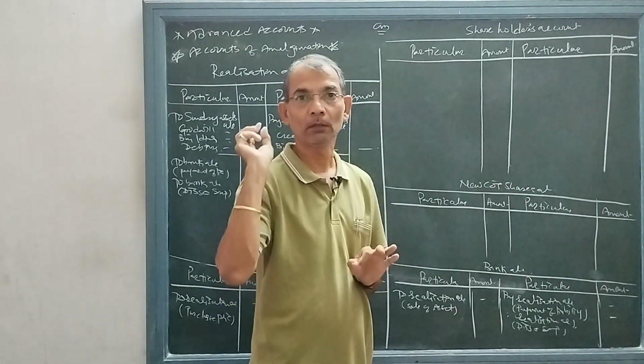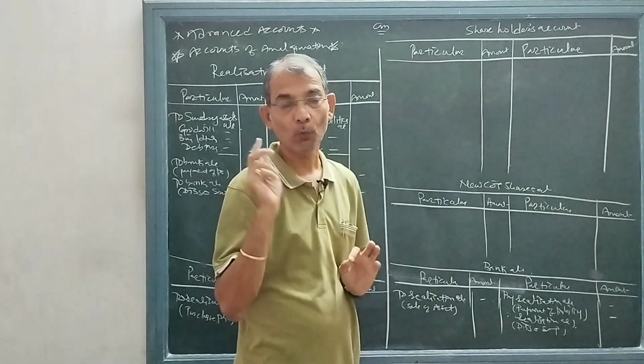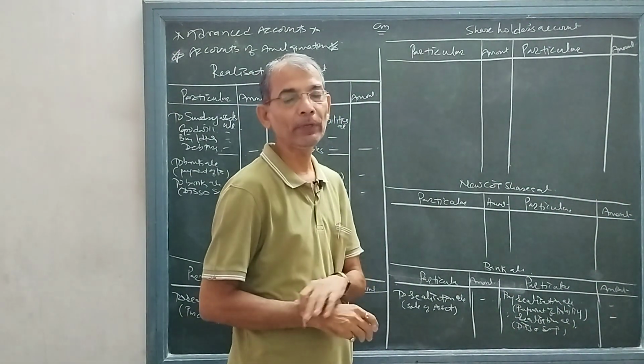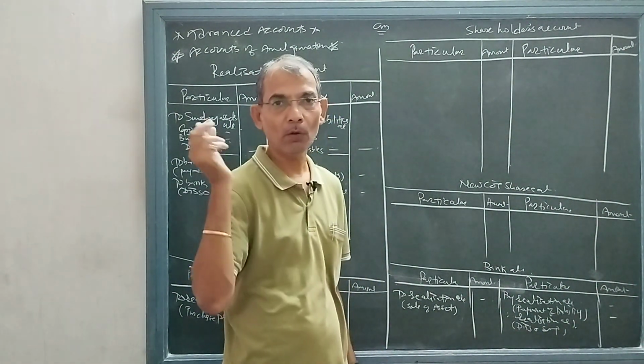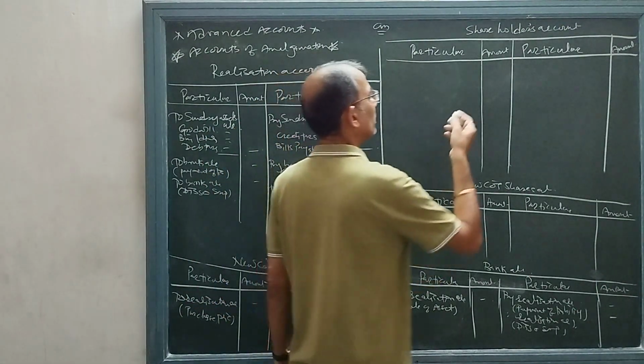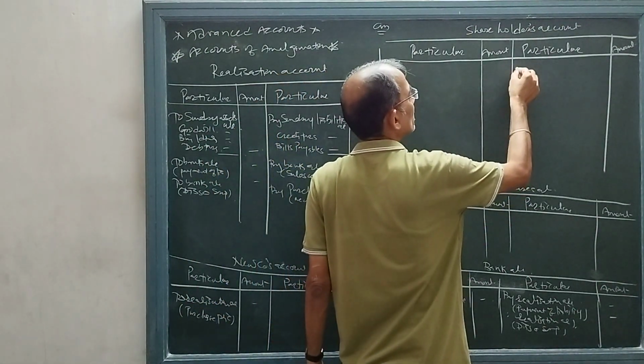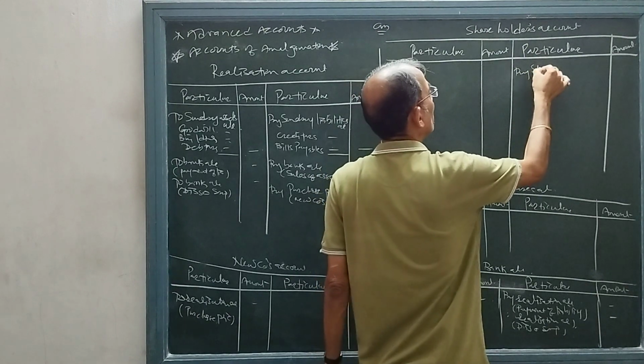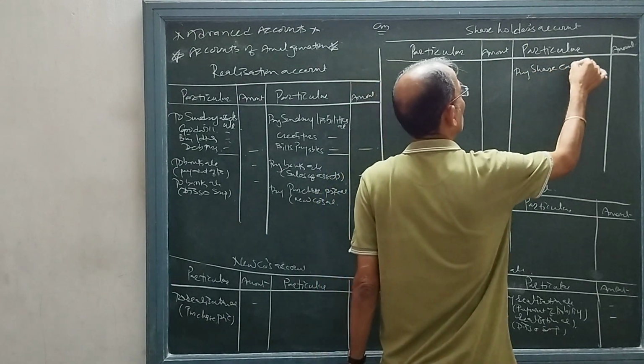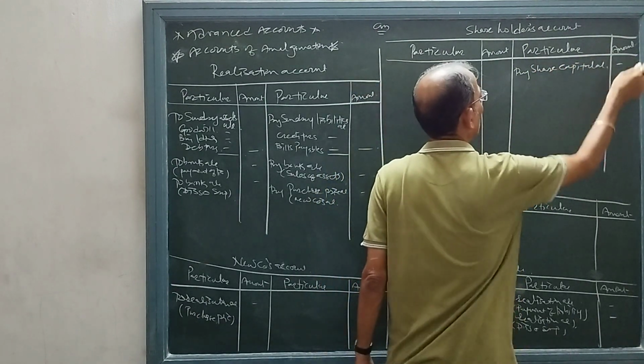First you have to clean the balance sheet of the old company. That means the share capital of shareholders will be brought to the shareholders account: By share capital account.